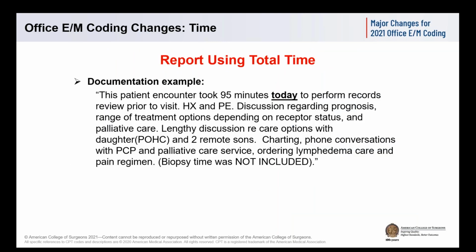So here's an example. The patient encounter took 95 minutes today to perform. You describe what exactly you did: discussion regarding prognosis, the range of treatment options depending on receptor status and palliative care, a lengthy discussion regarding care options, and charting and phone conversations and ordering your additional services.